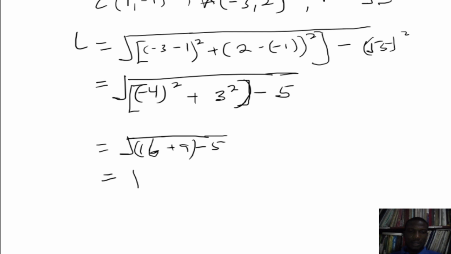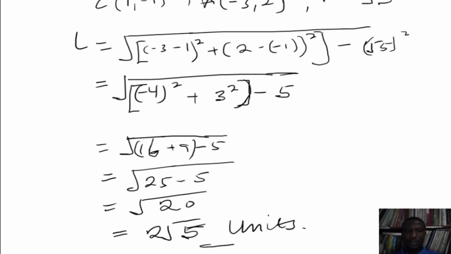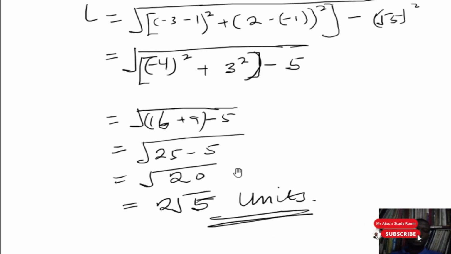And this will give us the square root of 25 minus 5, which will be root 20, and is the same as 2 root 5 units. And this is the length of the tangent joining that point to the circle.